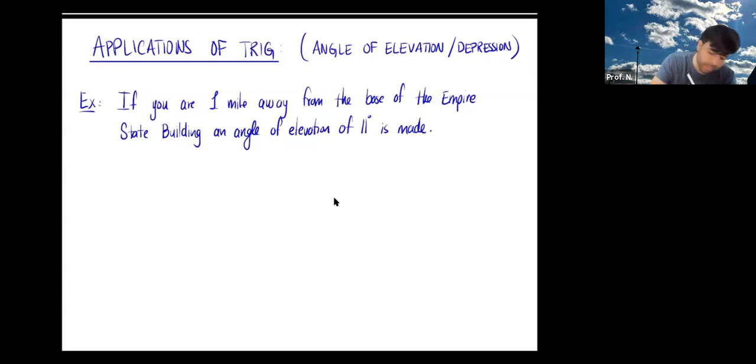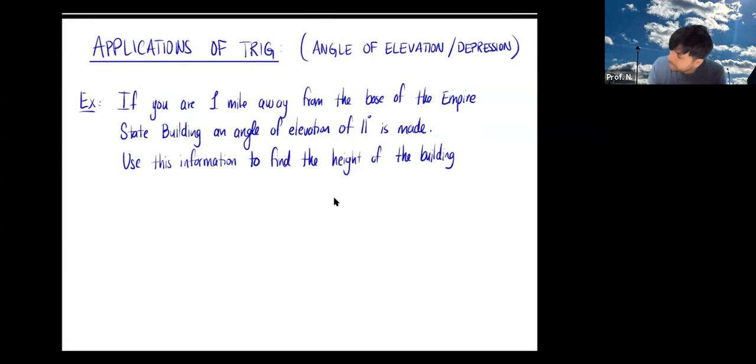And then it says use this information to find the height of the building. And for our sake, we're going to find the height of the building in feet. So we're going to have to do some conversion eventually.